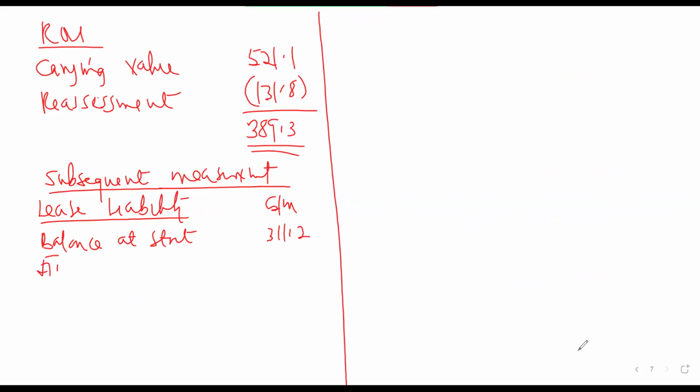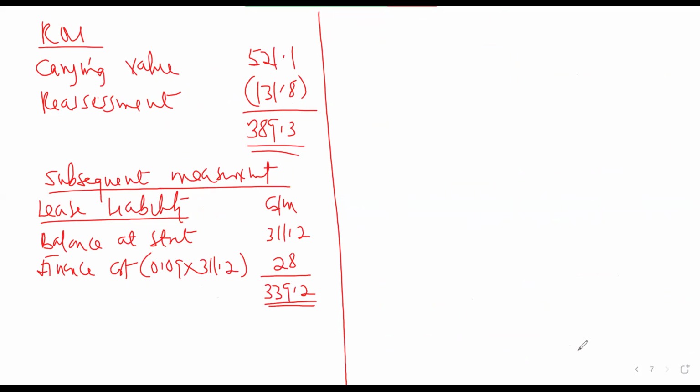Then we have our finance cost of 0.09 multiplied by 311.2. What are we having? 28. So the total will give us 339.2. Is that correct?